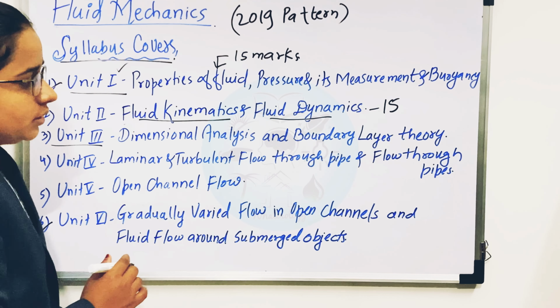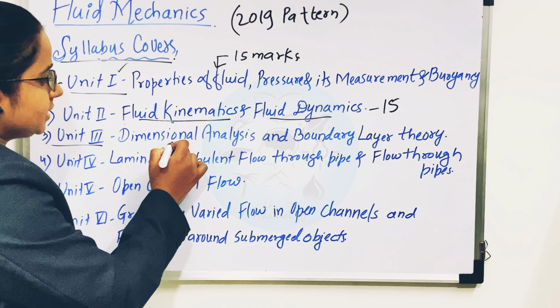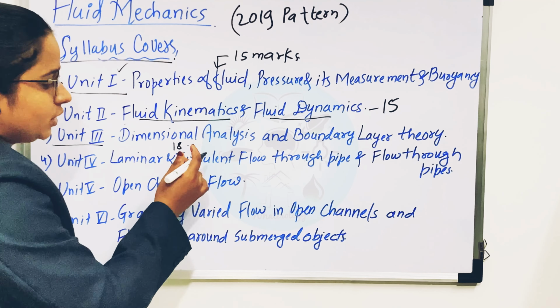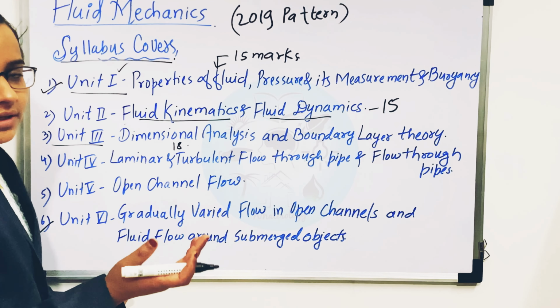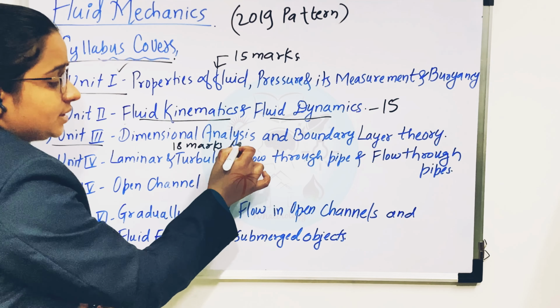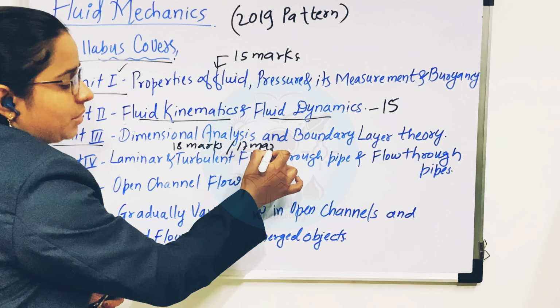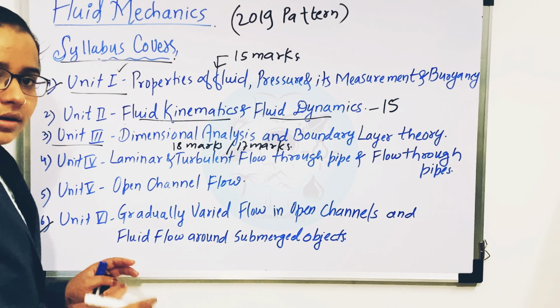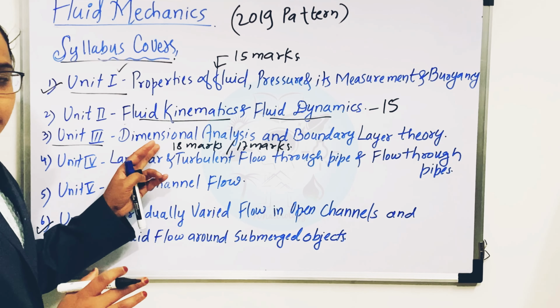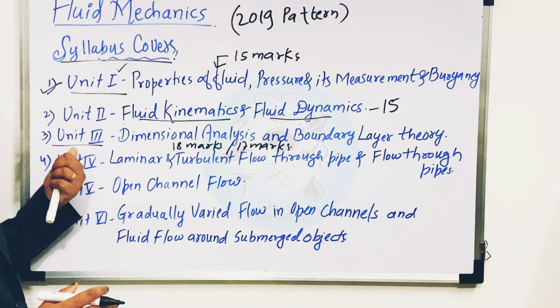And remember the weightage for this unit is 17 to 18 marks. In some examinations it asks for 18 marks and in some cases 17 marks. Minimum 17 marks or maximum 18 marks will be there for unit number 3.